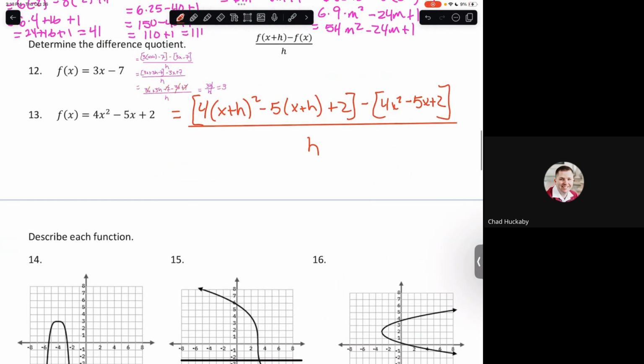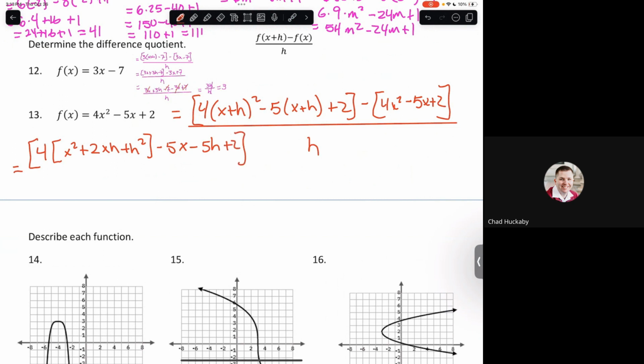In our next step, we need to expand out x plus h squared. So I'm still going to use my brackets. 4 times x plus h squared will give me x squared plus 2 times xh plus h squared. 4 times that minus 5x minus 5h plus 2.